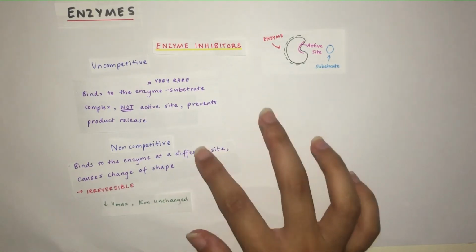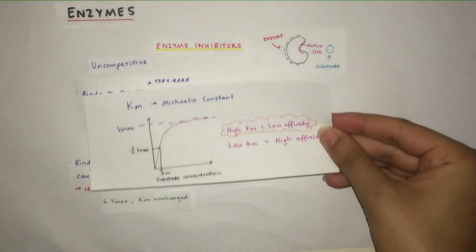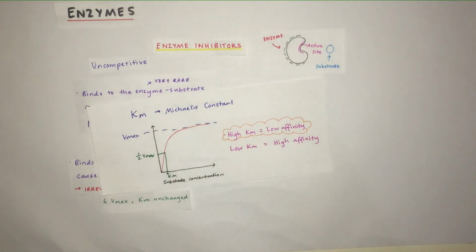And some theory here: non-competitive enzyme inhibitors cause the Vmax to become lower, but the Km to be unchanged. In that graph that we were looking at before, the Vmax, that dotted line at the top, would be shifted down, it would be lower, but the Km wouldn't change.